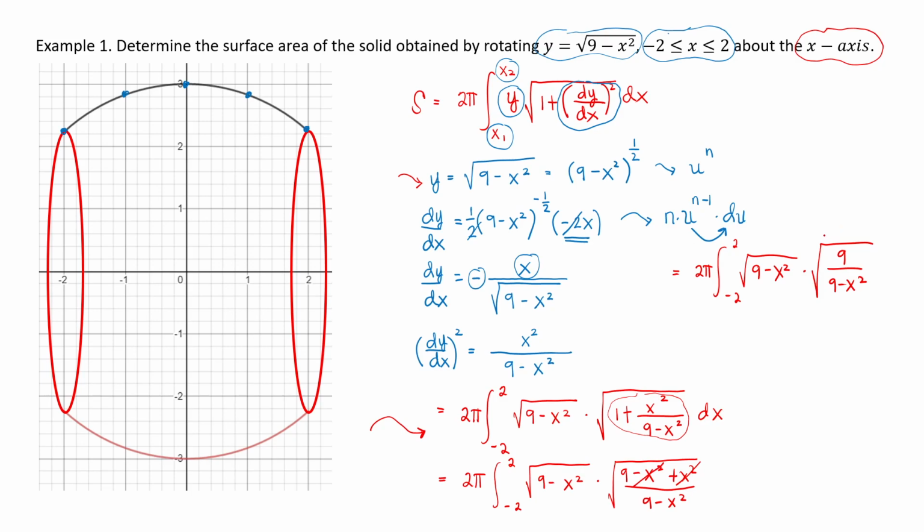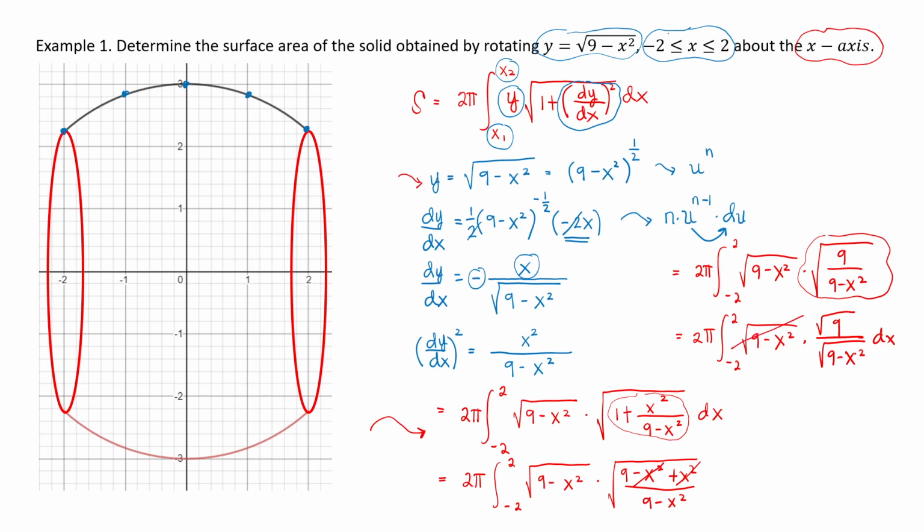Simplifying further, you can separate the radical expressions: square root of 9 minus x squared times square root of 9 all over square root of 9 minus x squared, dx.